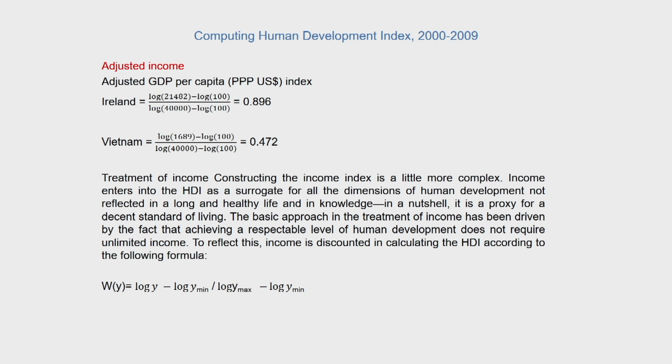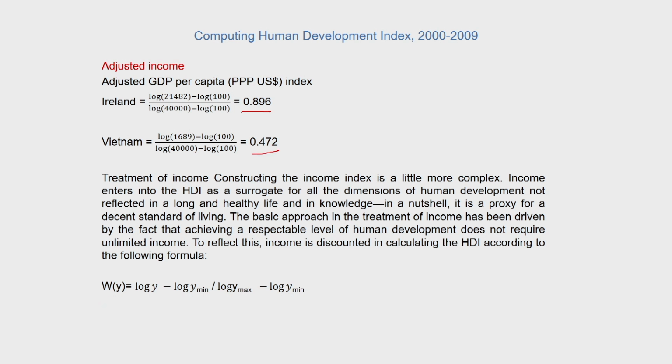Between 2000 and 2009, there was again a logarithmic transformation of income, going by the idea that increasing income levels give rise to a diminishing marginal utility in terms of being able to provide basic standards of living or basic levels of human development. So, this is the actual value of Ireland. So, log of the income minus the minimum log of 100 divided by the log of maximum income value minus the log of 100, that comes to 0.896, and similarly for Vietnam.